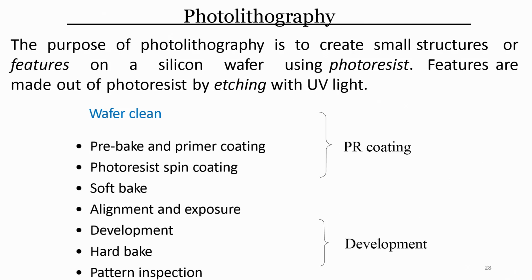Here in our case it is a single crystal, which is silicon. The purpose of photolithography is to create small structures or features on a silicon wafer using photoresist. We will see what a photoresist is. Features are made out of photoresist by etching with UV light.